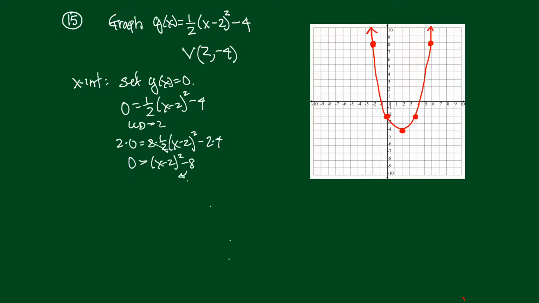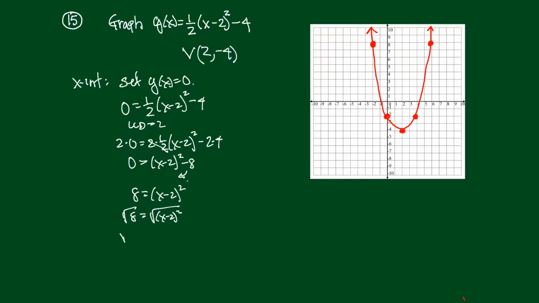Let's add that 8 to both sides, and that will put us at 8 equals (x minus 2) squared. Take square roots. Square root of 8 equals square root of (x minus 2) squared. Now, square root of 8, I can write that 8 as 4 times 2, and the square root of 4 is 2.